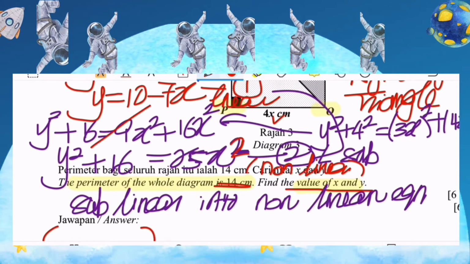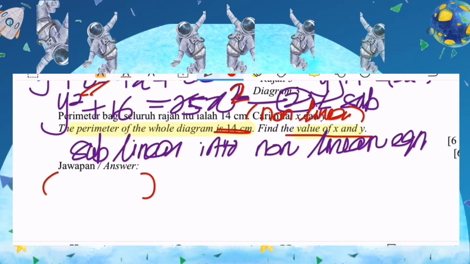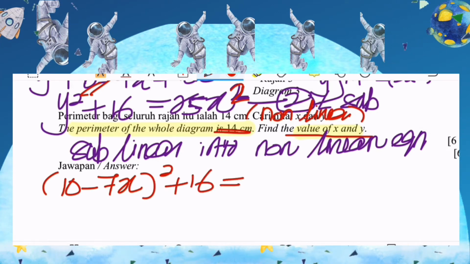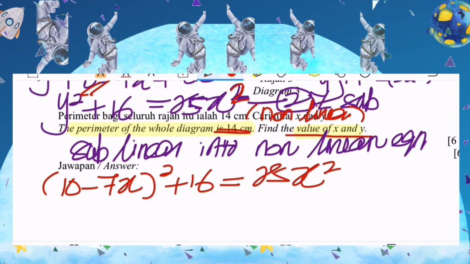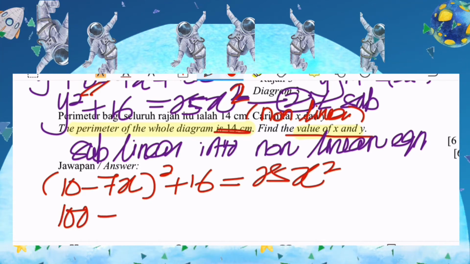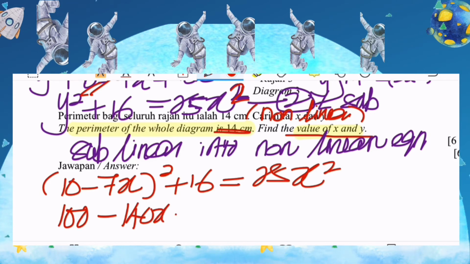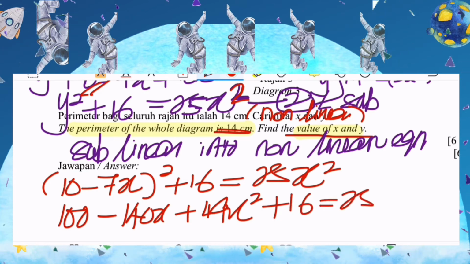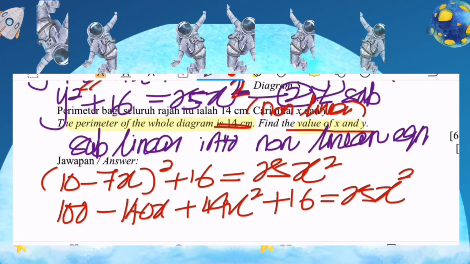So 10 minus 7x is y, but we need to square it because there is a y squared, plus 16 equals 25x squared, right? So let's do the expansion. 10 squared is 100, minus 2 times 10 times 7 will be 140x, plus 49x squared, plus 16 equals 25x squared.